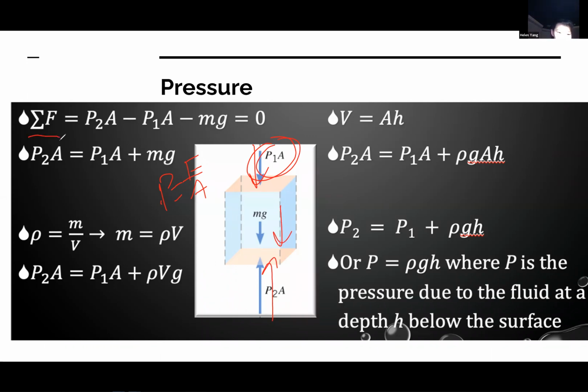So the total force would be the force going up minus the force going down minus mg is equal to 0. So you can write it as that. And you know that this is the density and this is the mass in terms of density and volume. So you could write it as this. The pressure of the second times the area is equal to the pressure of the first times the area plus density times volume times g.